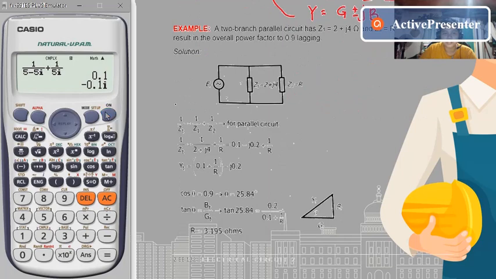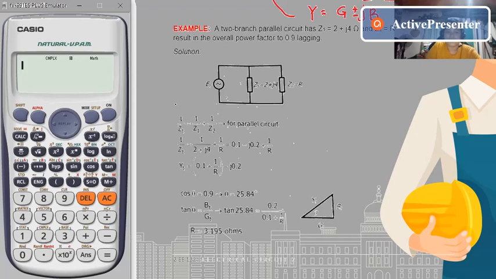We have here a two-branch parallel circuit with Z1 equal to 2 plus j4 ohms and Z2 equal to R. Solve for R to result in an overall power factor of 0.9 lagging.